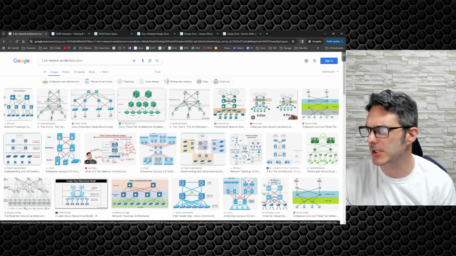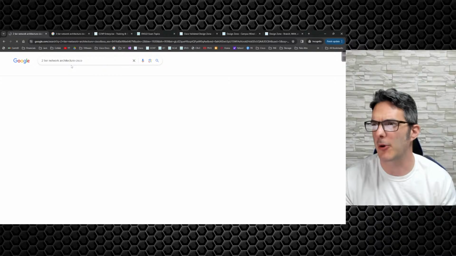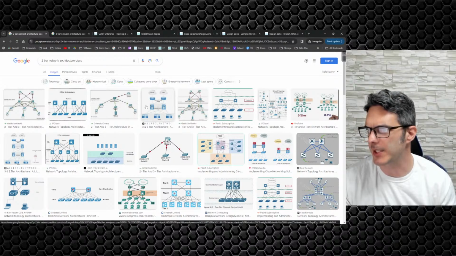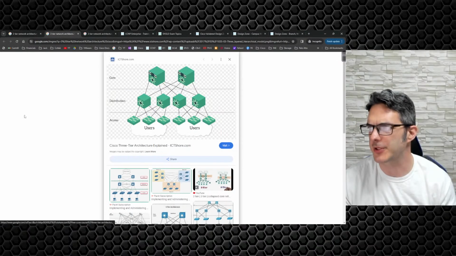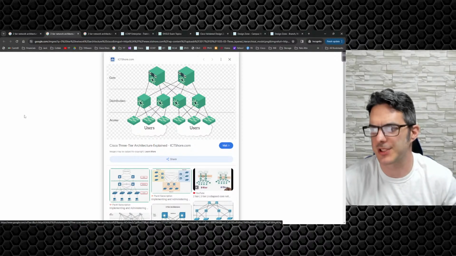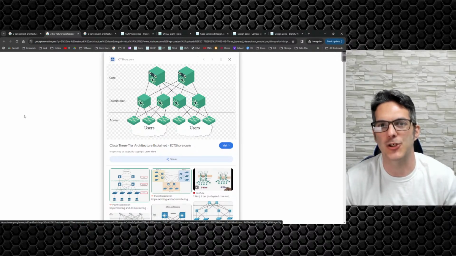So let's actually talk a little bit about how that comes into play. I'm going to go ahead and open this one up, and I'm going to do a 2-tier because it's important to know both. So why would you do one versus the other? Let's talk about the 3-tier. What does the 3-tier architecture give you that the 2-tier architecture does not? Well, in my opinion, the 3-tier architecture gives you modularity and it gives you scale.